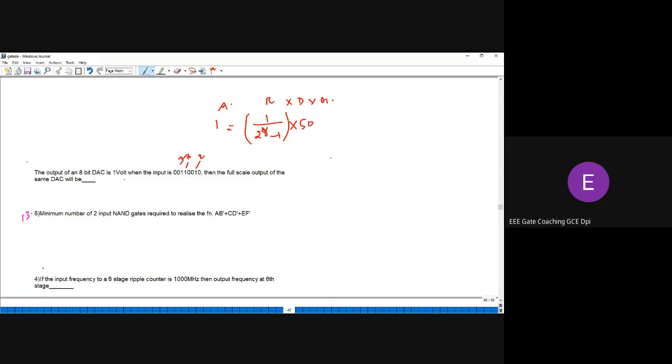First, let me draw this one. A B bar, then C D bar, then E F bar.